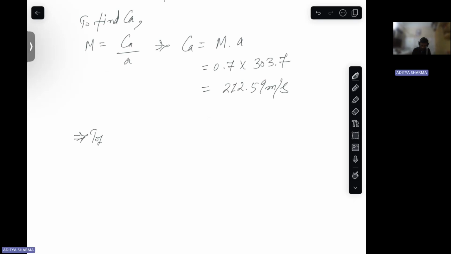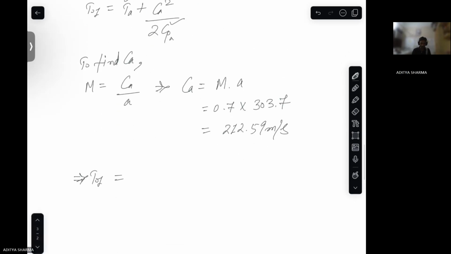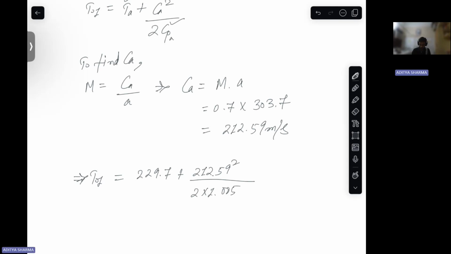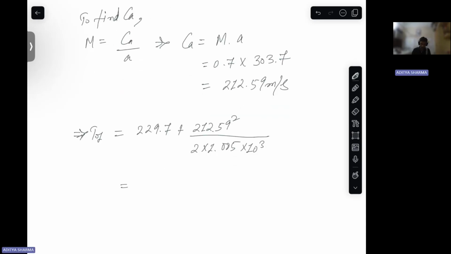Where T01 is equal to 229.7 plus 212.59 square divided by 2, or it's in kilojoules per kg Kelvin. So we'll convert it to joules per kg Kelvin. So for that, we'll multiply it with 1000. Now, if you work this out, this will come out to be 252.18 Kelvin, right?